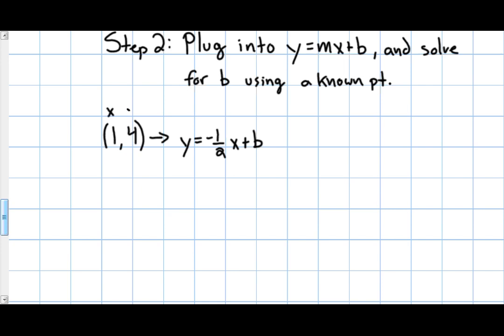So 1 is my x and 4 is my y. So anytime I see a y, instead of writing y, I'm going to write 4. 4 equals negative 1/2. Now I see an x, but my x is going to be 1. So I could rewrite this as 4 equals negative 1/2 plus b, because negative 1/2 times 1 is just negative 1/2.